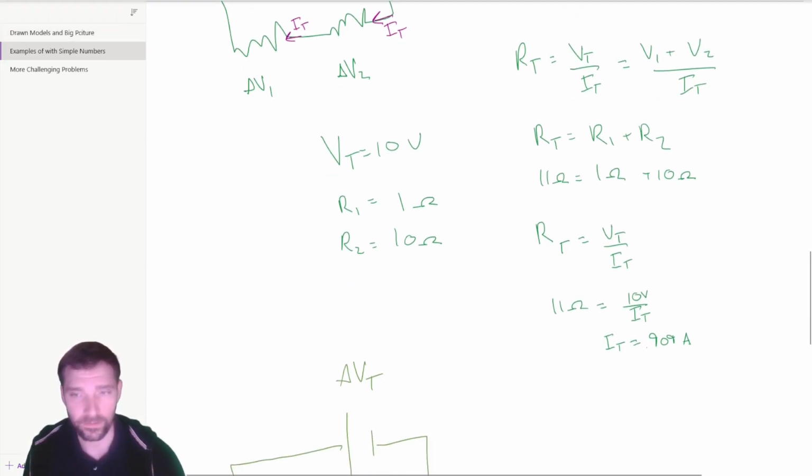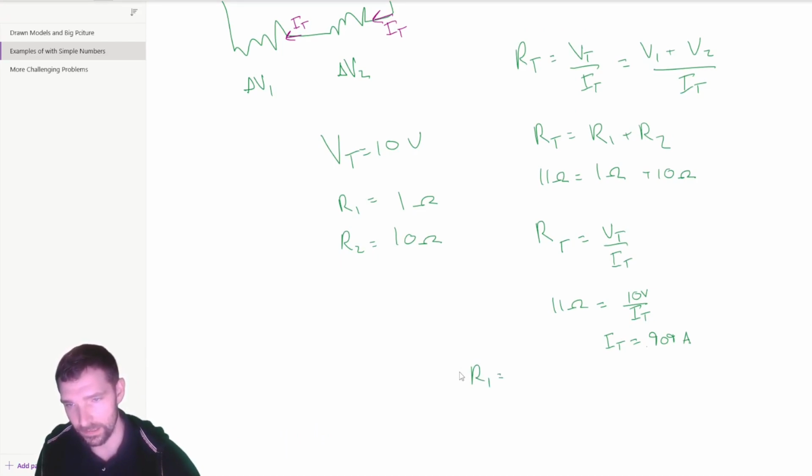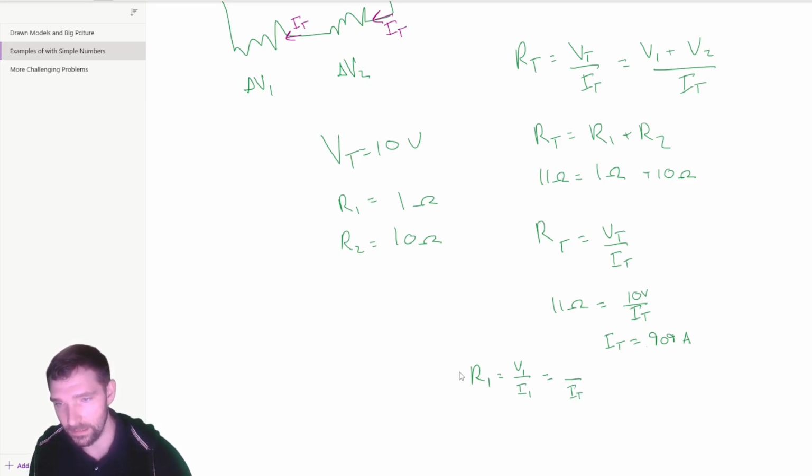And we can then plug in our specific things for R1 and R2. So we can say, okay, I've got R1, which is equal to its voltage difference over I1, its current that's going through 1. Luckily, it's the same value as what we had here for the IT, because the IT is going through both the first and the second resistance. So you can think of that as the same IT.